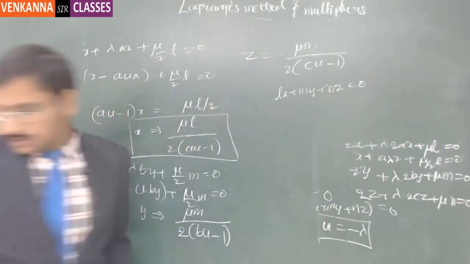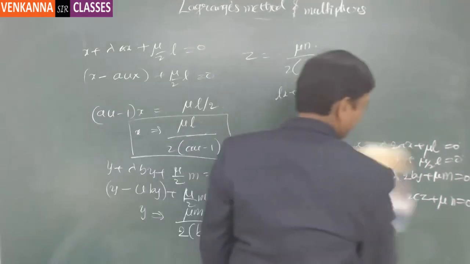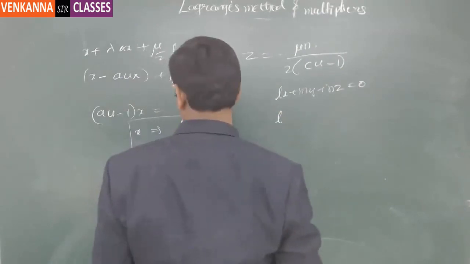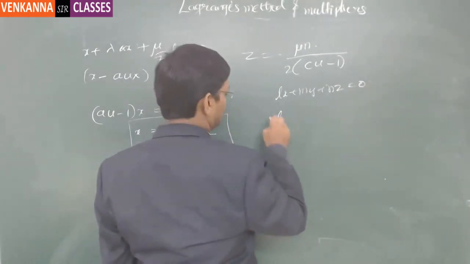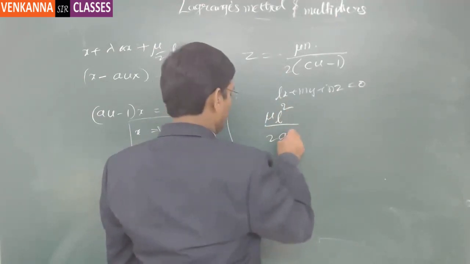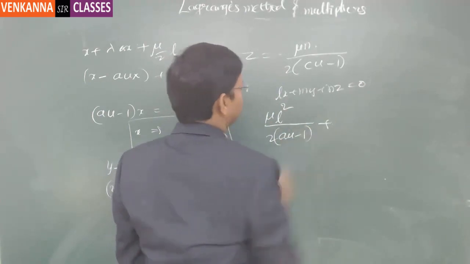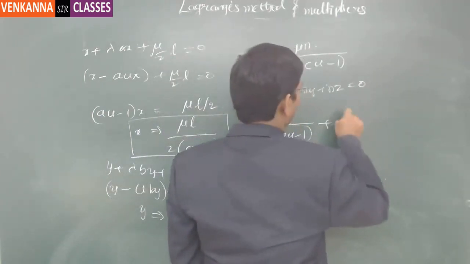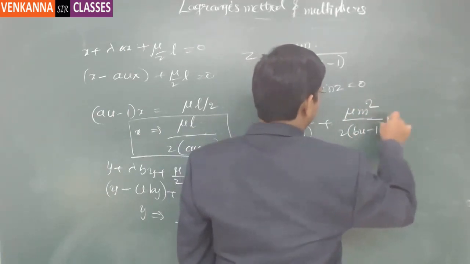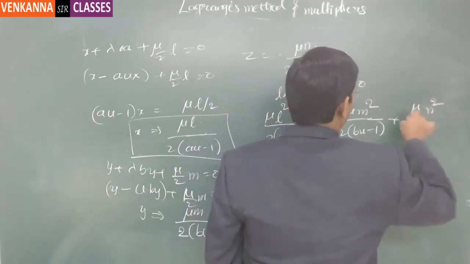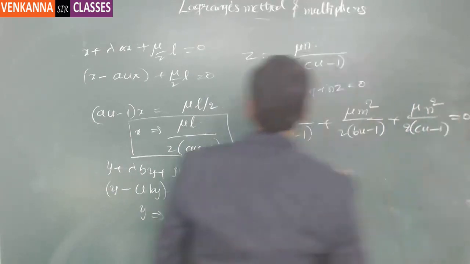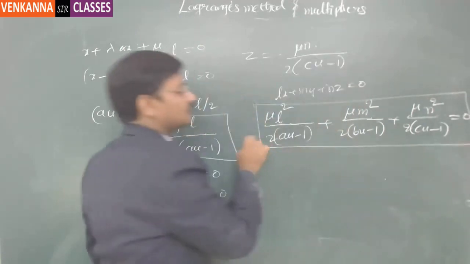If you put it in this equation, here L times of x is nothing but mu L square by 2 times of au minus 1, plus mu times of M square by 2 times of bu minus 1, plus mu N square by 2 times of cu minus 1 is equal to 0. So this is the final equation what we have got.